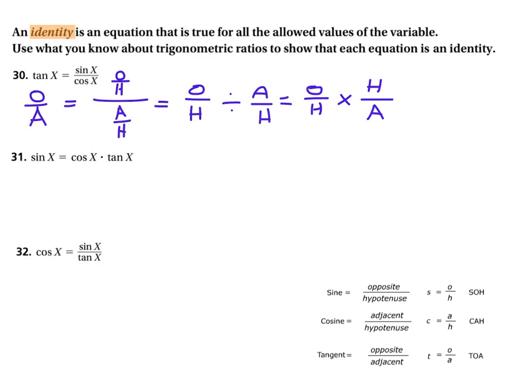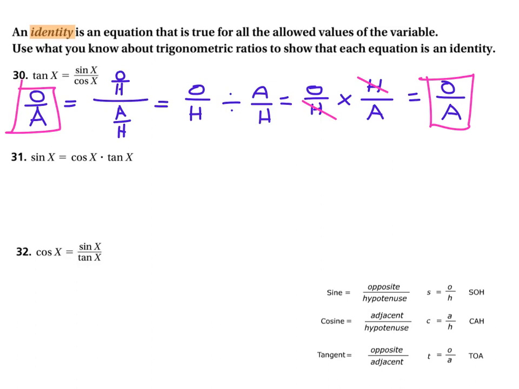Why do I care? Because look what happens. That times that cancels these out, and then when you multiply across, what do you get? You get opposite over adjacent. And oh my gosh, that's exactly what you had for tangent.